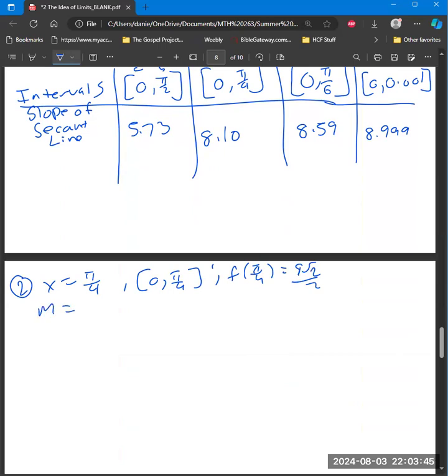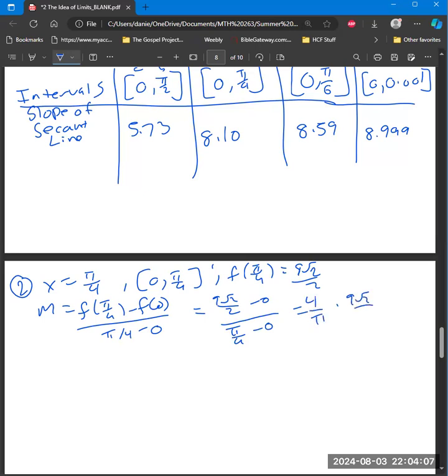So our slope would be f of pi over 4 minus f of 0 over pi over 4 minus 0, which is 9 root 2 over 2 minus 0 over pi over 4 minus 0, which is 4 over pi times 9 root 2 over 2, which is 18 root 2 over pi, about that 8.10 I told you about.